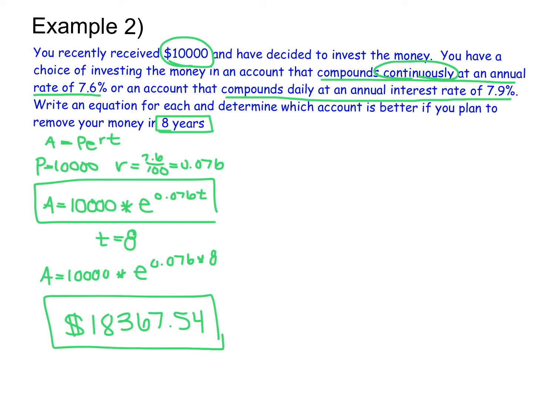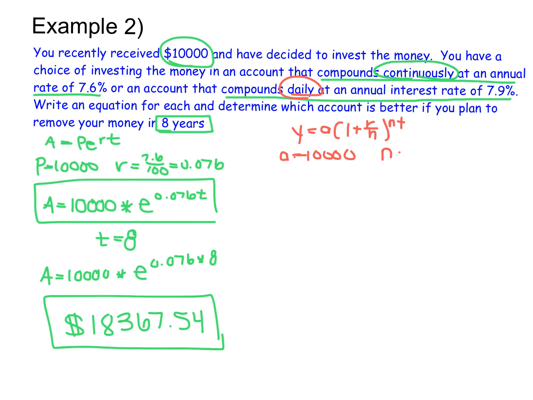Now if we take a look at situation 2, we notice that this one compounds daily. So we're going to have to use the equation that uses y equals a times 1 plus r over n to the power of nt. So it's a different type of equation because it's a different situation that's compounding in a different way. So here our starting value of a is $10,000 still.